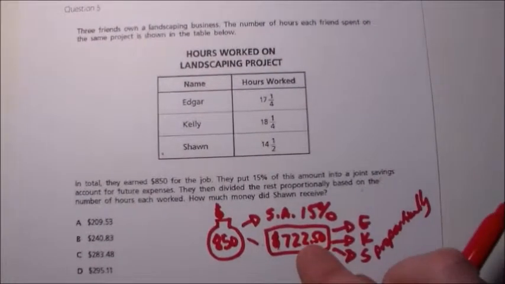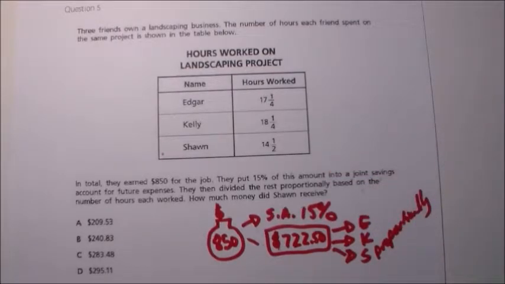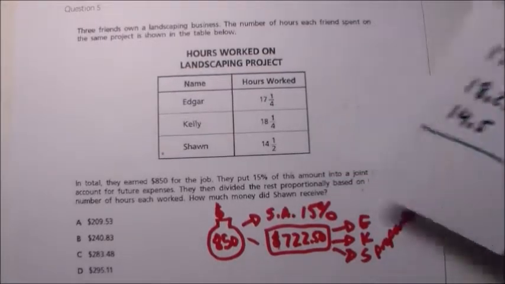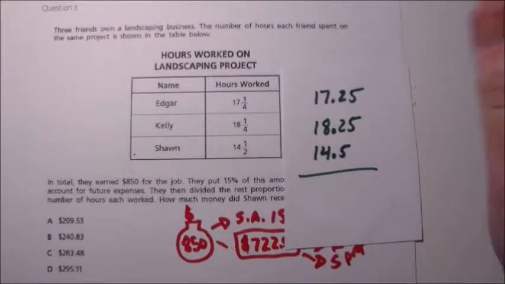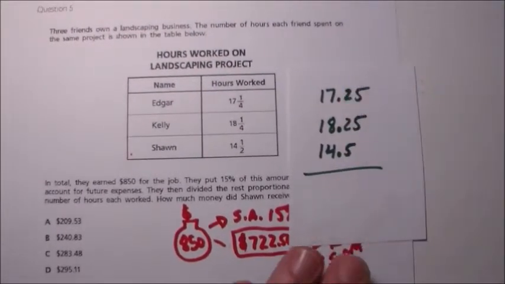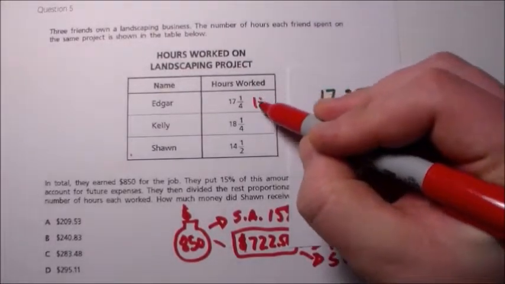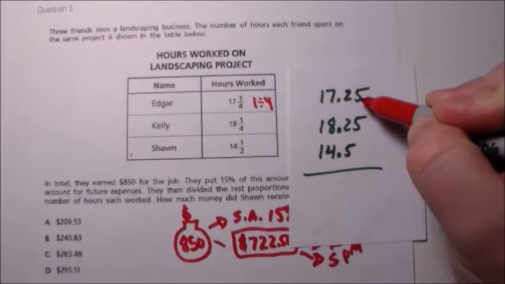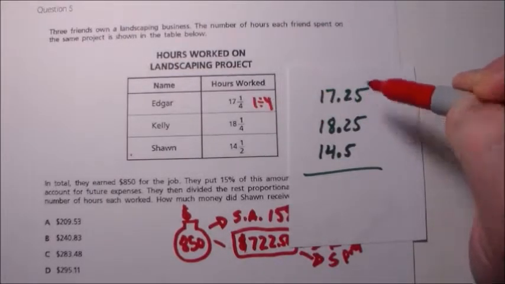Okay, so next, how are we going to divide this up proportionally? We can't just divide by 3, right? Because it's proportional to the amount of hours they worked. Well, let's find out how much hours they worked. First, I'm just going to change these into decimals because that's easier to work with in my mind. So 17 and 1/4, 1 divided by 4 equals 0.25.